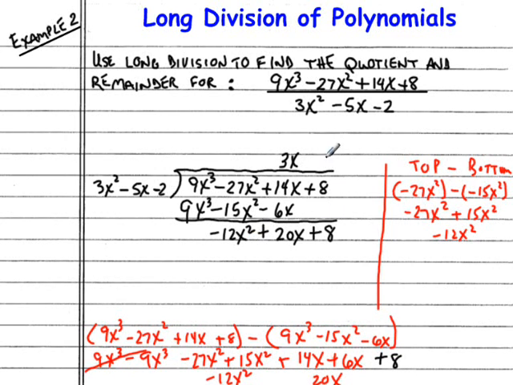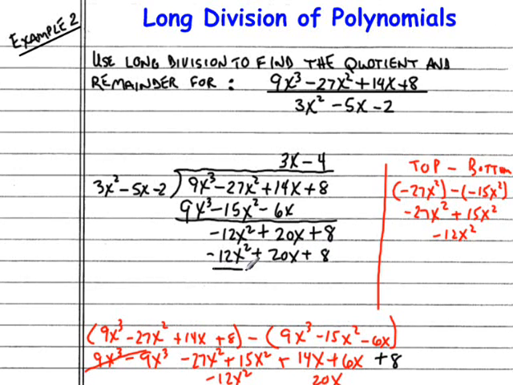So we find the column of constants and we put that negative 4 in that column. Now we use this negative 4 as a multiplier on the entire divisor, one term at a time. Negative 4 times 3x squared is negative 12x squared. Negative 4 times negative 5x is plus 20x. And negative 4 times negative 2 is plus 8.